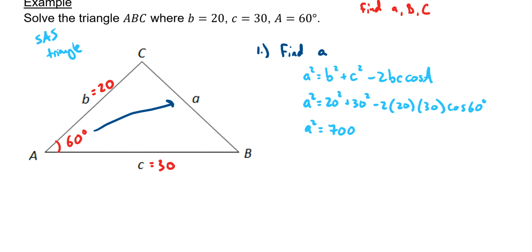So A squared equals 700. Square root both sides. It looks like I rounded this to the nearest tenth. We get about 26.5. So even though law of cosines looks very messy, it's a lot of just plug and chug for the most part. Plug it in the calculator and evaluate. We get side A is 26.5.